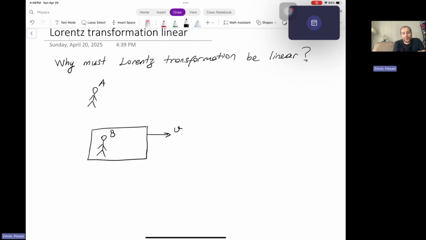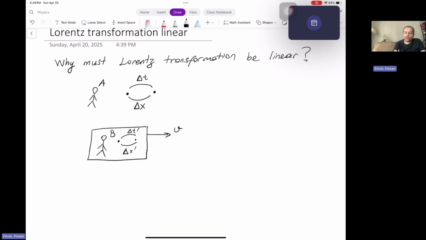And we talked about two events being separated with a time difference of delta t and a positional difference or displacement of delta x. And then we talked about how this process is viewed in the framework of the person B. And we said that it must be delta t prime, delta x prime.